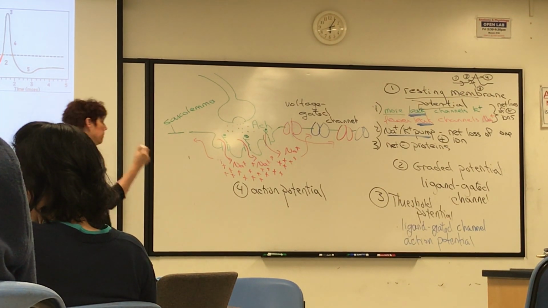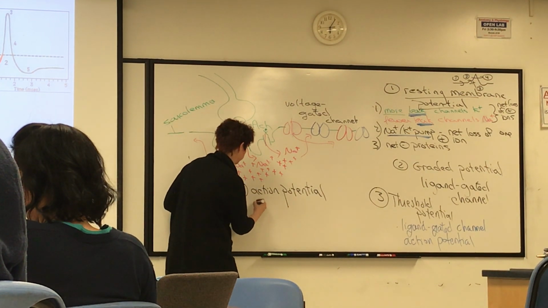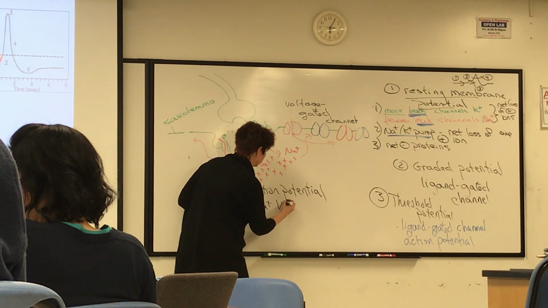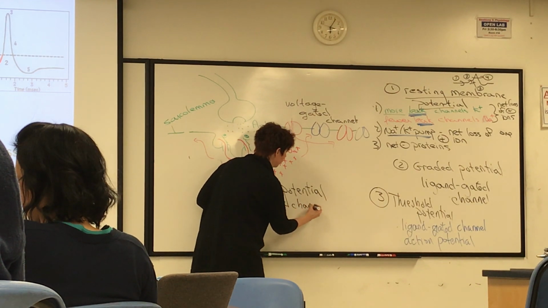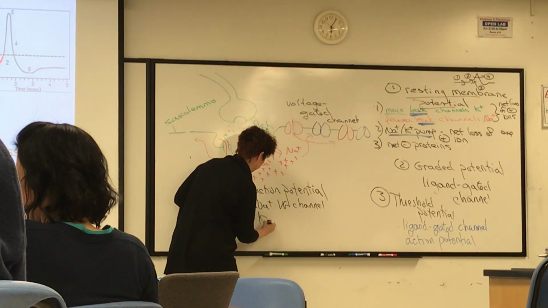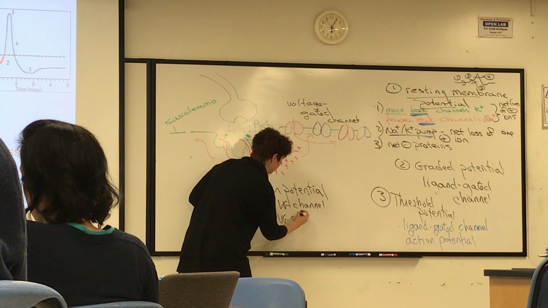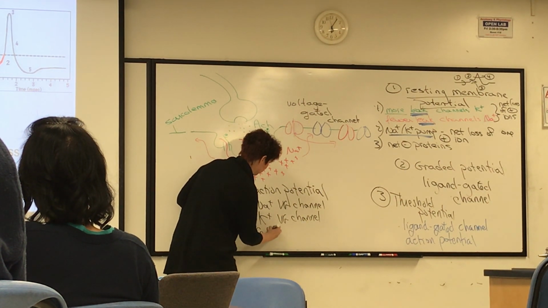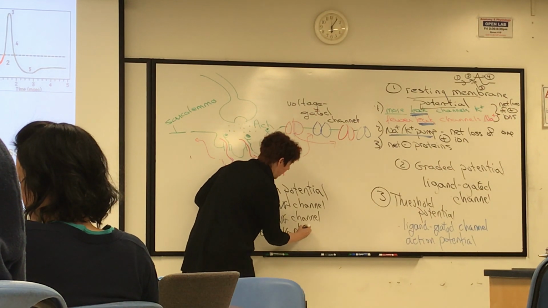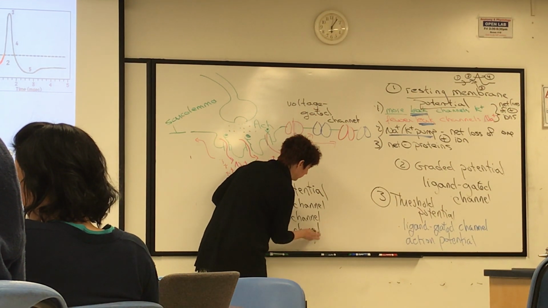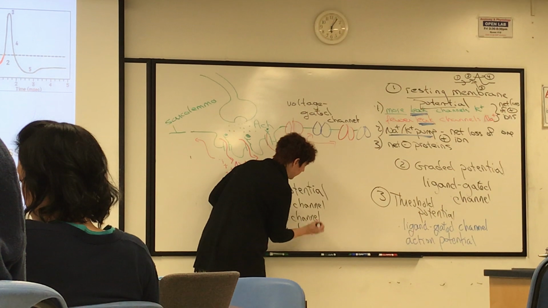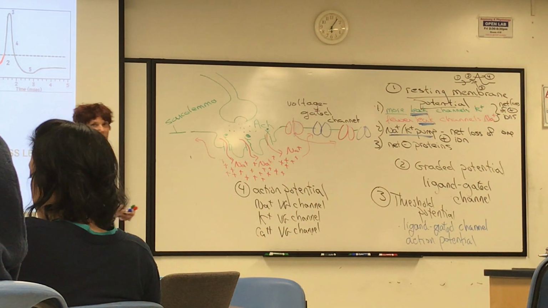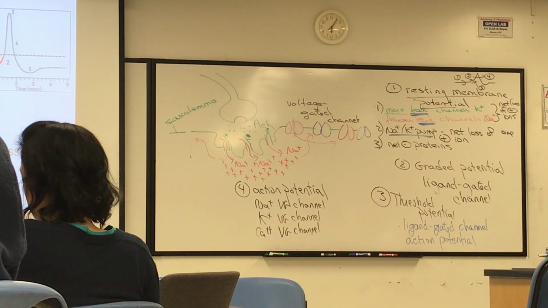And typically sodium and potassium are utilized. VG stands for voltage-gated. But we also have calcium voltage-gated channels, as we saw in the sarcoplasmic reticulum. And in the synaptic bulb, we have voltage-gated calcium channels there.